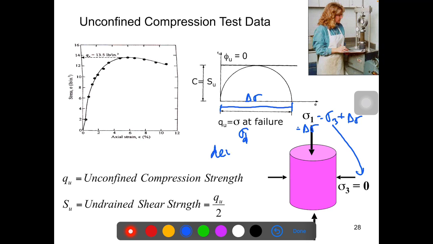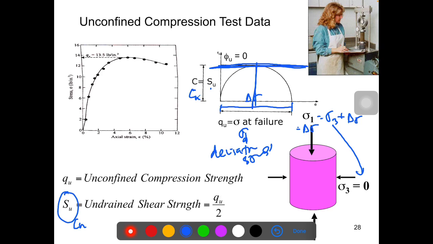Because phi u is equal to 0, C is equal to Cu or Su, because certain books use C, certain books use S. So Cu is actually equal to Su.